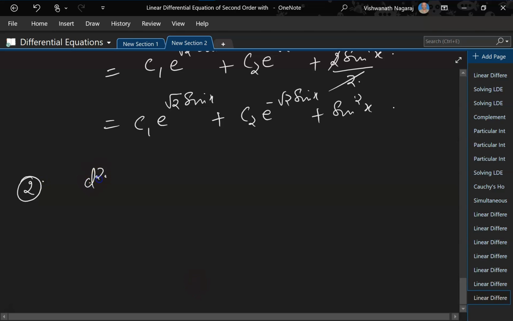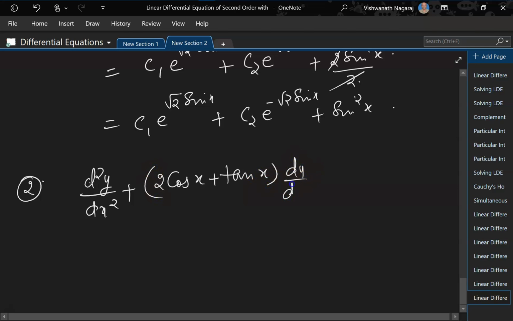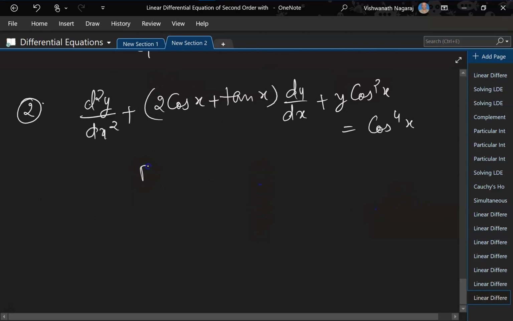Let's say d2y by dx square plus 2 cos x plus tan x dy by dx plus y cos square x is equal to cos 4x. Now here P is equal to 2 cos x plus tan x.